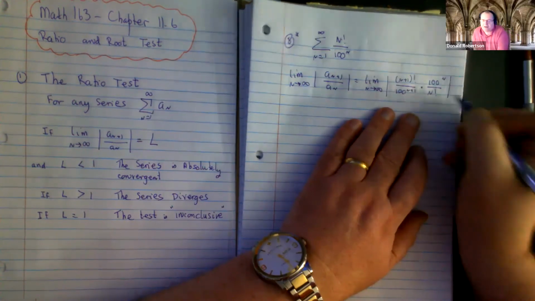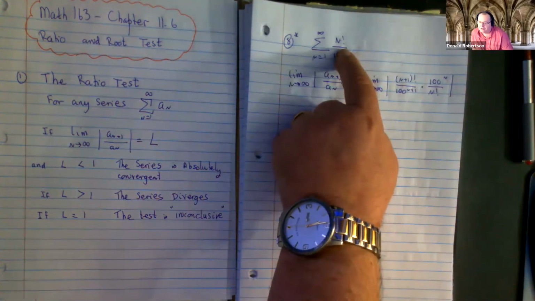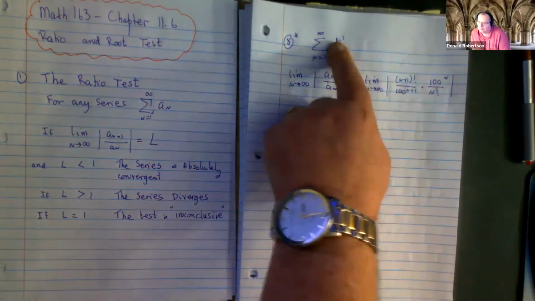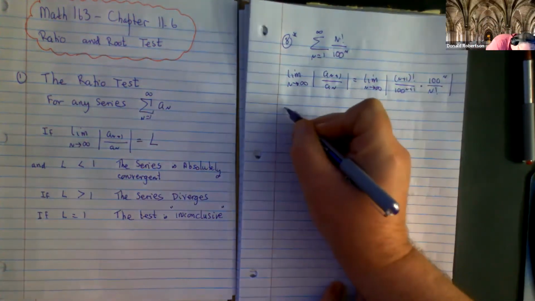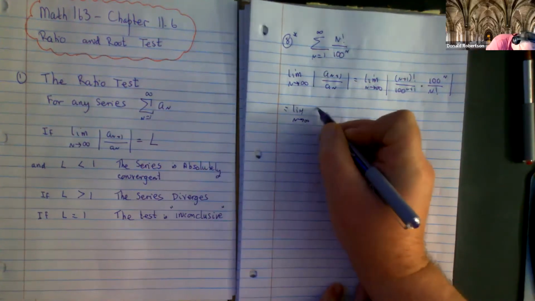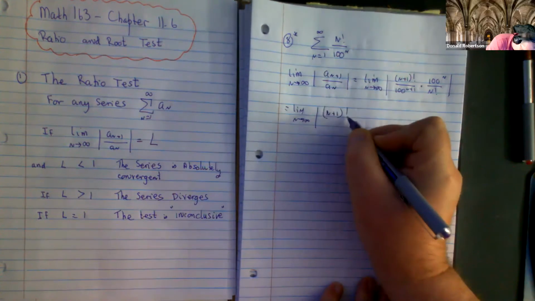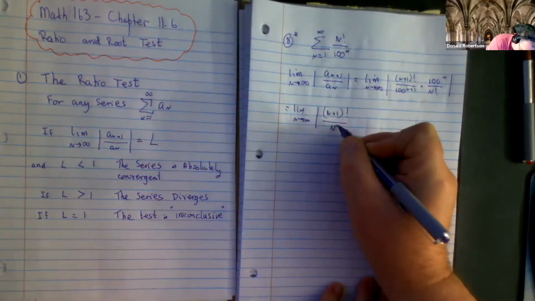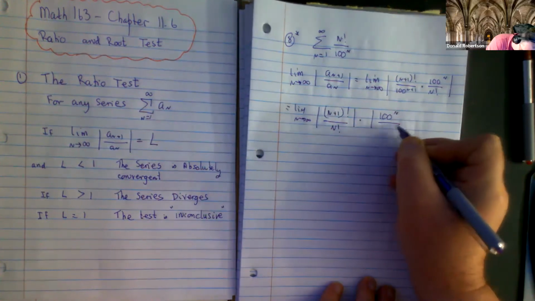So we're at that line. Are you comfortable with where we are right now? N plus 1, this guy, times the reciprocal. Right? Now, breaking into its pieces, we have an n plus 1 factorial over an n factorial. And we have a 100 to the n over a 100 to the n plus 1.